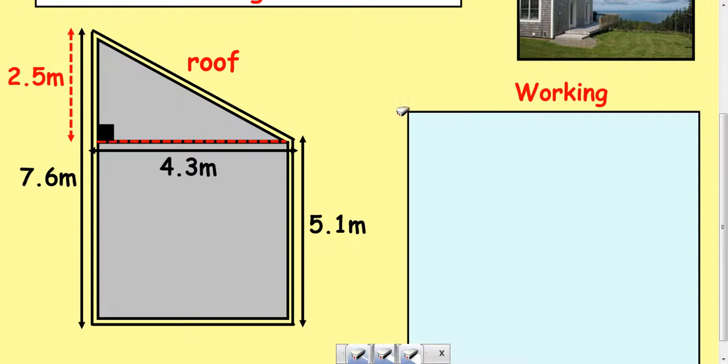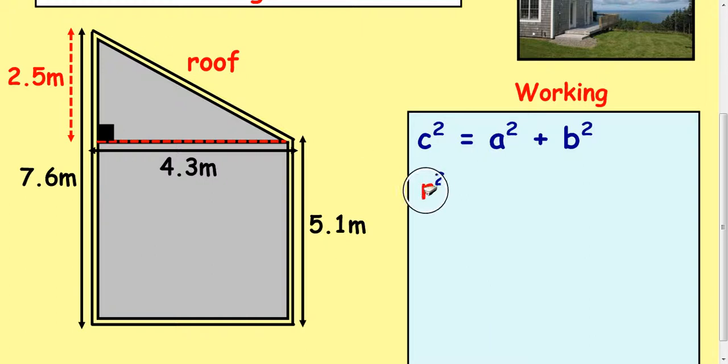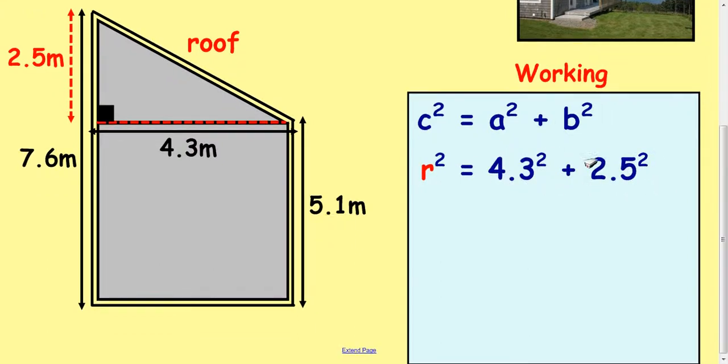So first things first, write the formula out, c squared equals a squared plus b squared. I'm going to use an r here because we're working out the length of the roof, so r squared is equal to, it doesn't really matter which way around you put this, 4.3 squared plus 2.5 squared.